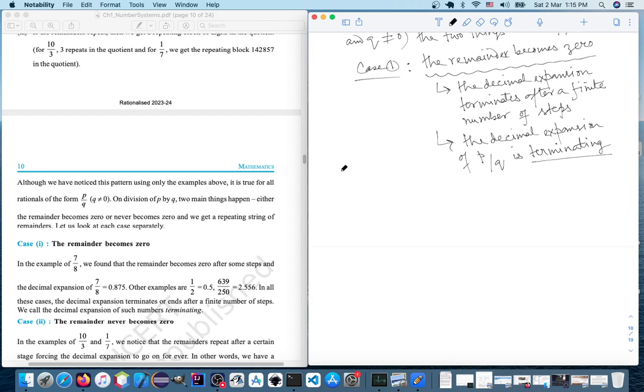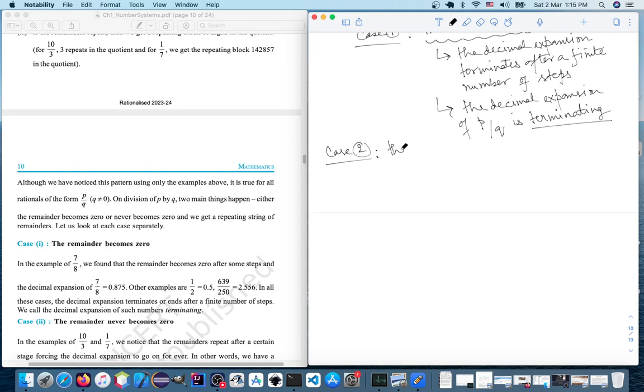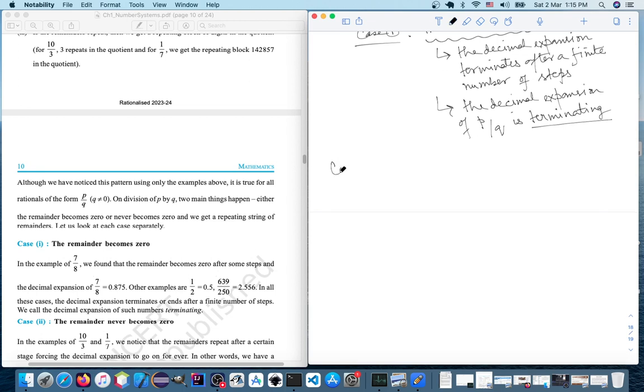Case 2 is the remainder never becomes 0. What does it mean?